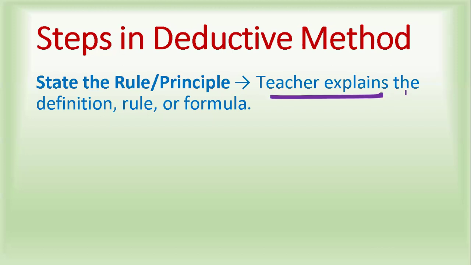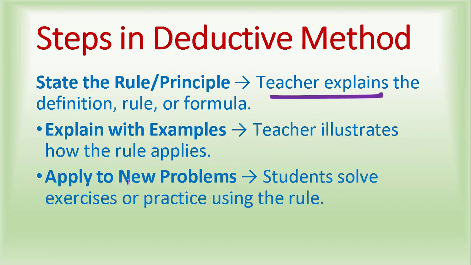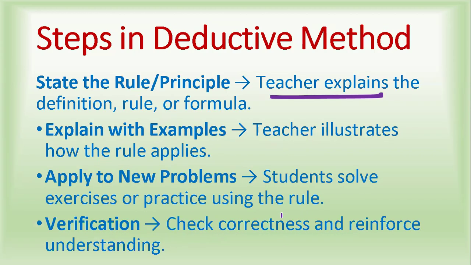Teacher explains the definition, rule or formula. Explain with examples. Teacher illustrates how the rule applies. Apply to new problem. Students solve exercise or practice using the rule. Verification, check correctness and reinforce understanding.